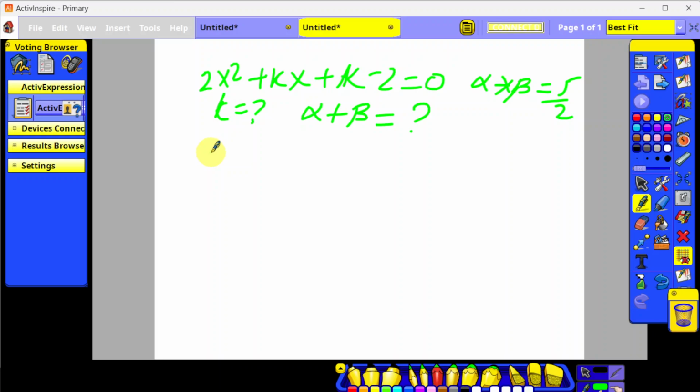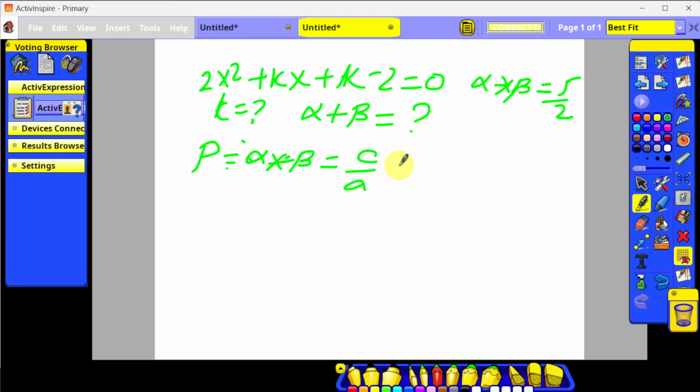alpha times beta is the product p, which is given by c over a.